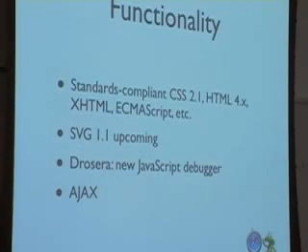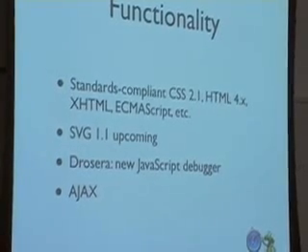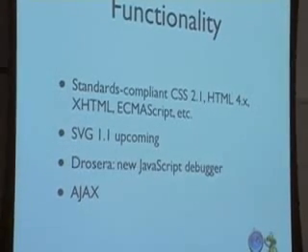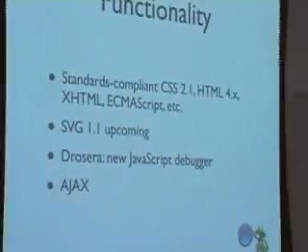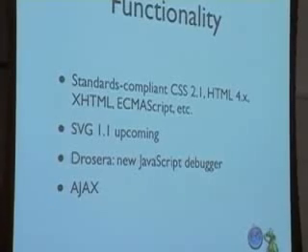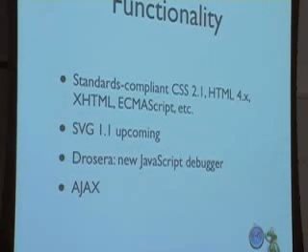And in those browsers, especially in WebKit, here's some of the functionality that we have. We've come a long way since the original version. We have CSS 2.1 fully supported now, HTML4, XHTML, full ECMAScript support. In the tip of tree code in WebKit, we have SVG 1.1 support. It's fairly complete.